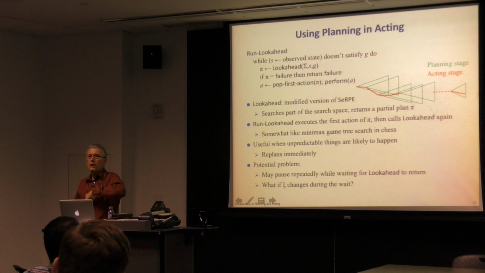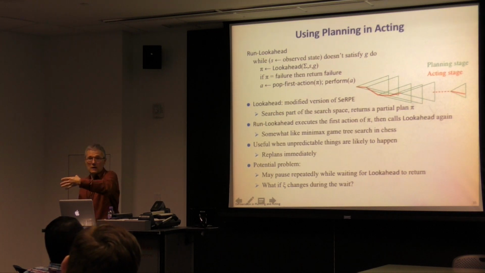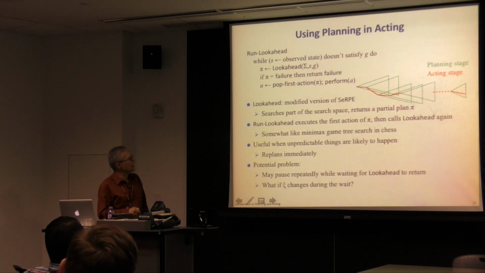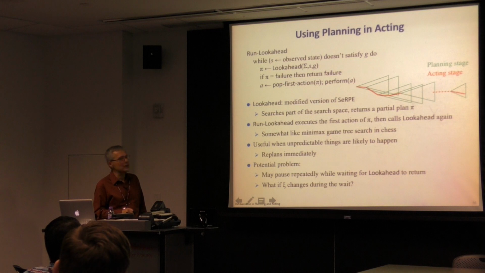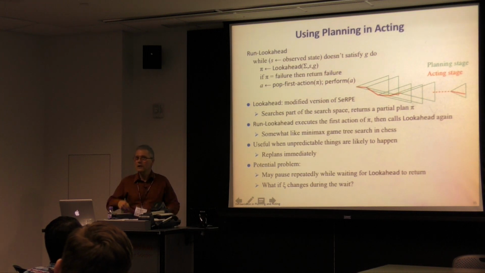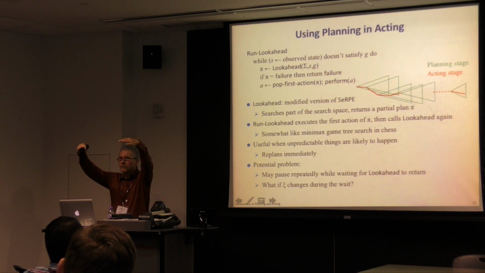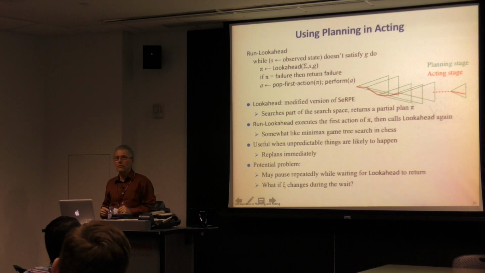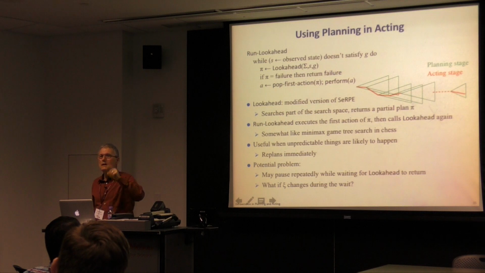Okay? So we execute an action, we get a little bit closer, we might be able to make a more informed choice the next time. Any of you who have looked at computer programs that play chess, they do something very similar. They search ahead some number of steps to try to figure out what's the best thing to do. They discard all of that search except what it says is the first action. Execute that, and they do the search all over again. Okay?